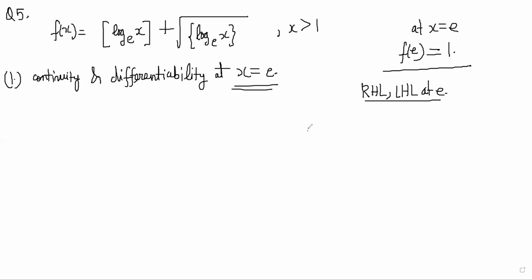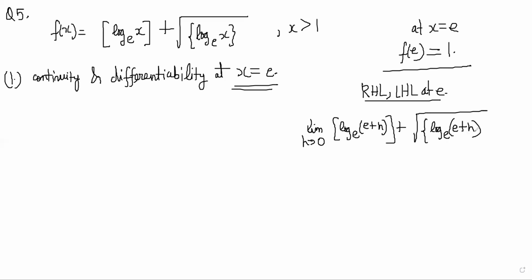So if you do RHL, you have to do limit h tends to 0, f of e plus h, so GIF of log of e plus h plus fractional part of log of e plus h. Correct.